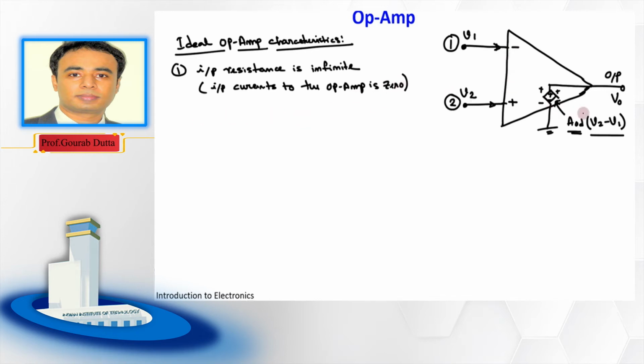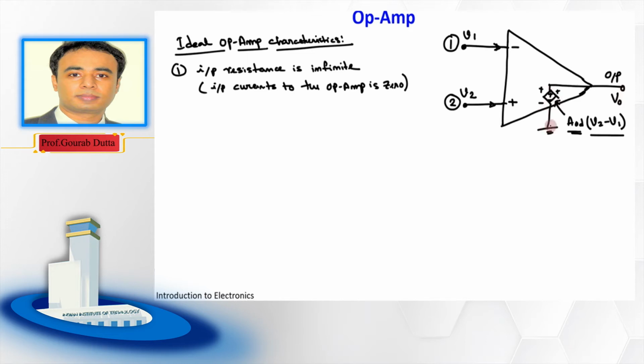What about the output impedance? Can you comment on it? See, from this equivalent circuit diagram, you can see that the output is connected with this dependent voltage source, and then it is grounded. So the voltage source impedance is 0, and the output is connected with this ground only.